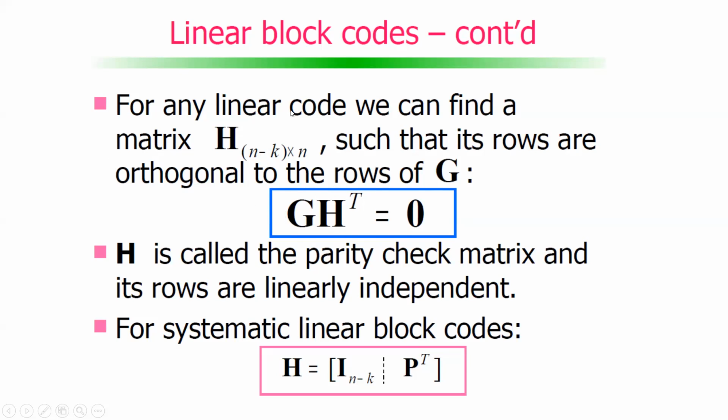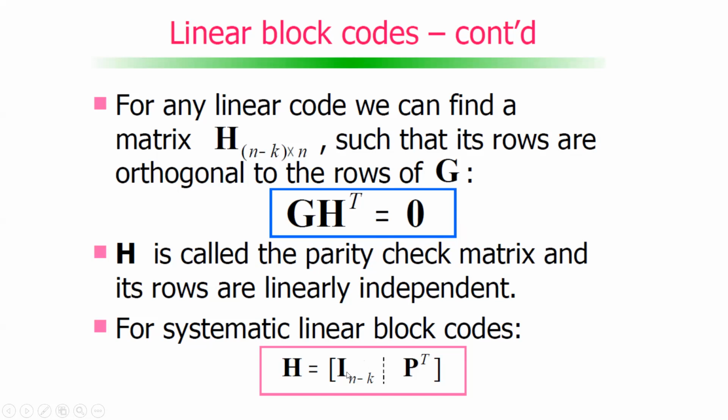H is called the parity check matrix, and its rows are linearly independent. For a systematic linear code, H can be generated from G itself. How to generate H from G?